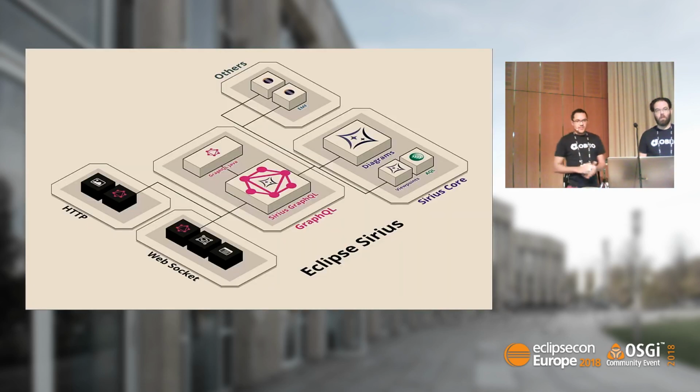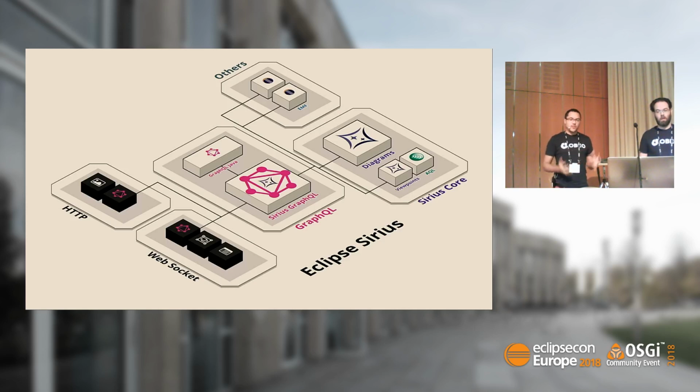And this is the actual architecture of the web version of Sirius. So we are still reusing some core components from Sirius, for example, everything used to compute the diagrams, everything used to handle viewpoints, the Acceleo query language interpreter. We're also reusing some components from Eclipse, like EMF, of course.